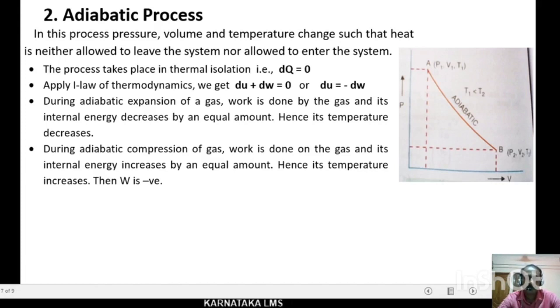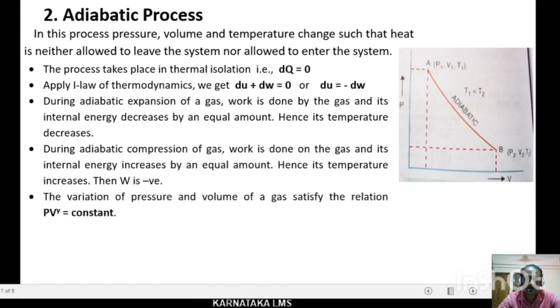Hence, its temperature increases. Then work done is said to be negative. Because the side walls of the cylinder are perfectly insulating, heat neither enters nor leaves the system. During adiabatic compression, temperature of the gas increases.